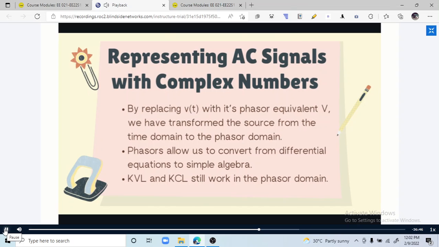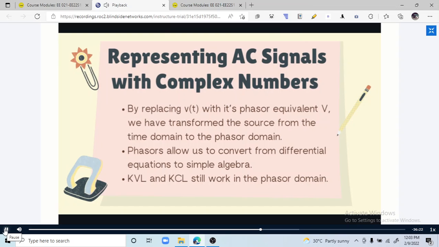We have two formats. We have the time domain format, and we also have the phasor domain format, or in other books it is called the frequency format. Phasor and frequency format are just the same. So we will be replacing our time domain format with our phasor domain format. Why do we do that?